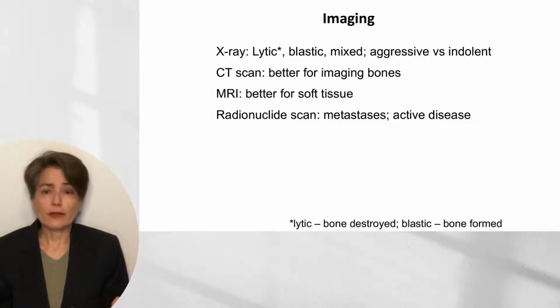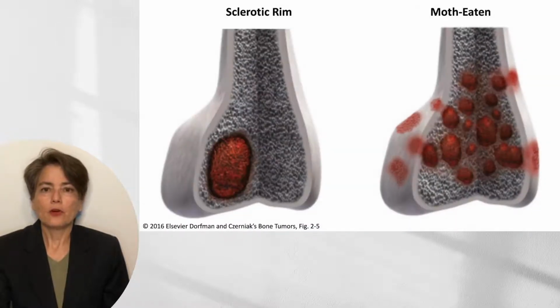CT scans are great for imaging bones. MRI is really good for examining the extent of soft tissue involvement. And then radionuclide scans and PET scans can be useful for identifying metastases and areas of active disease. So let's look at this aggressive versus indolent story. Here we can see a schematic where the lesion is red.